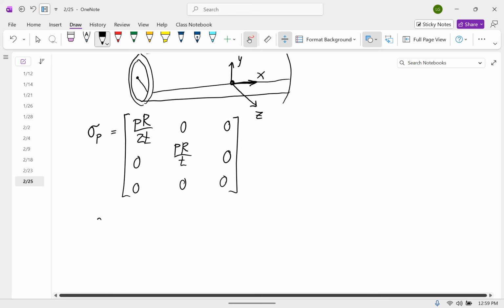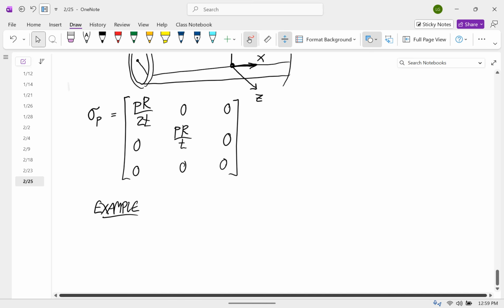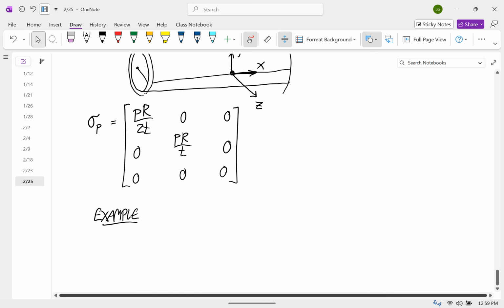Okay, so let's do an example here. One of them is the same as spherical, and one of them is twice as big.